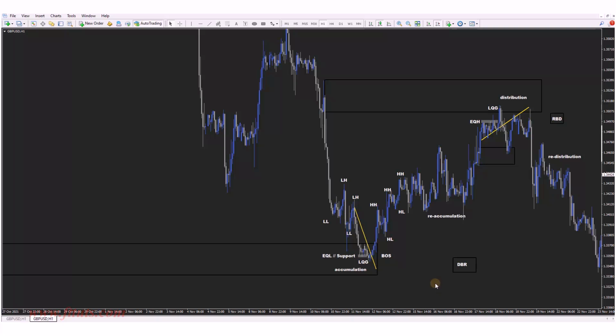So please send me something like this with the markups where the lower lows are changing to the higher highs, where the BOS is, the break of structure, with marking the drop-base-rally or rally-base-drop on any single time frame you choose.